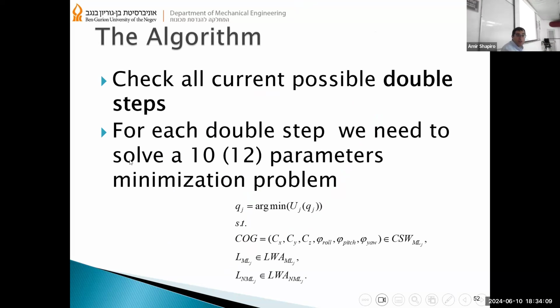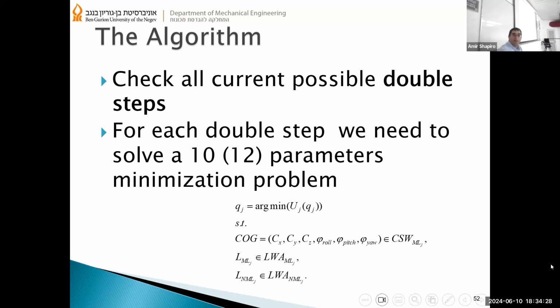So the basis of this algorithm is that we check the possibilities to do double steps. So move one leg and then another leg, and then the central body.